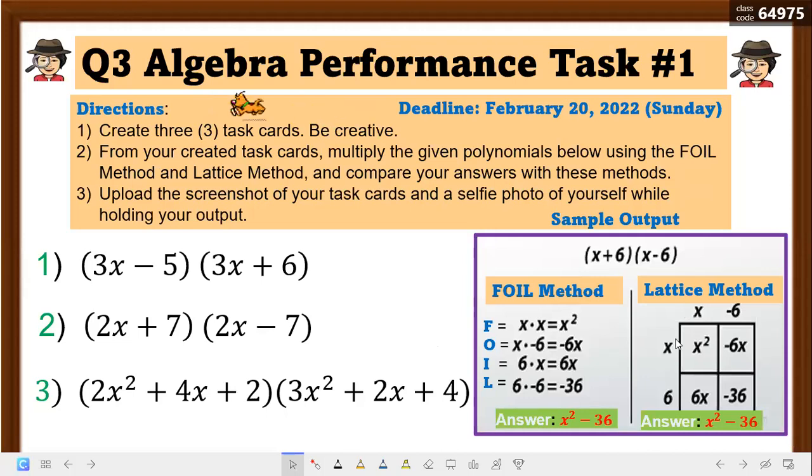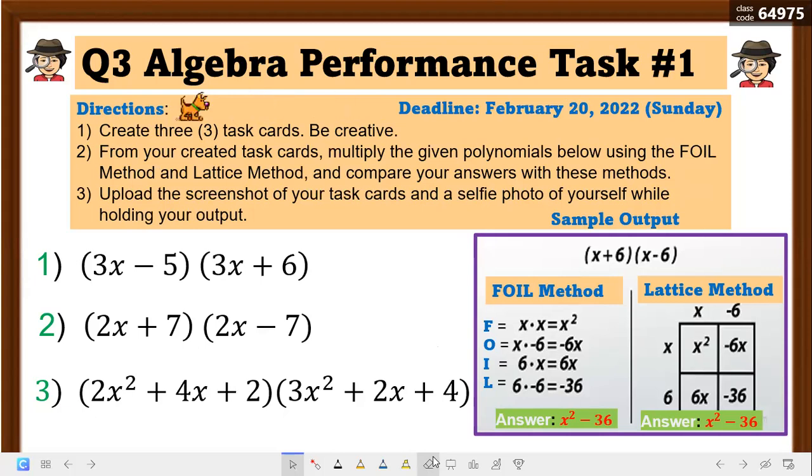Pakibasa natin yung direction. Pakinggan ko naman si Janine Sofia Ligarda. Direction. 1. Create the task card. Be creative. 2.